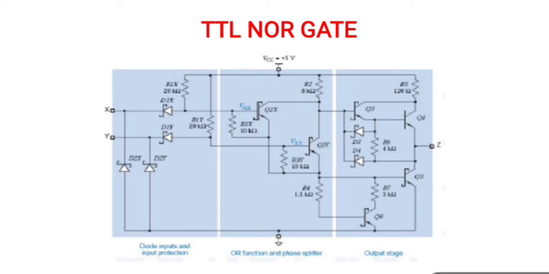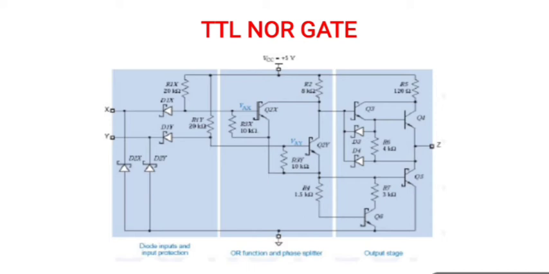Here D1X and D1Y will be forward biased, which means the 5 volts goes to D2X and D2Y. At that time the cathode voltage is greater than the anode voltage, so D2X and D2Y would both be reverse biased.